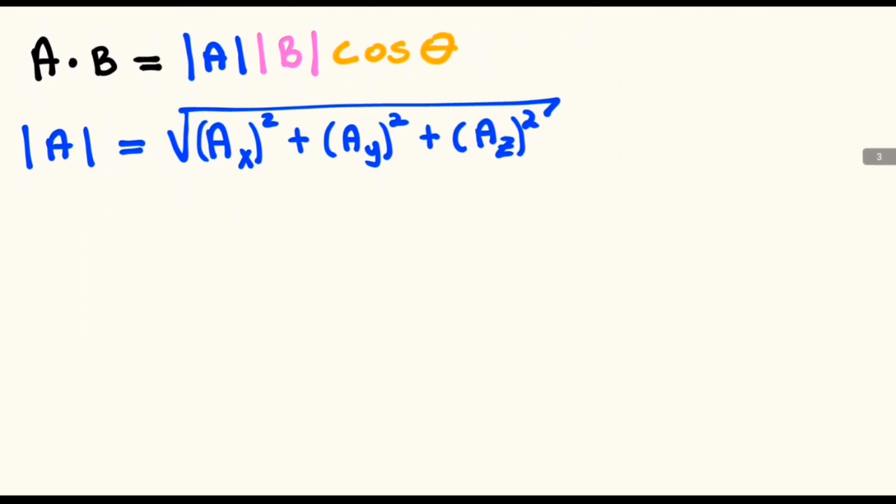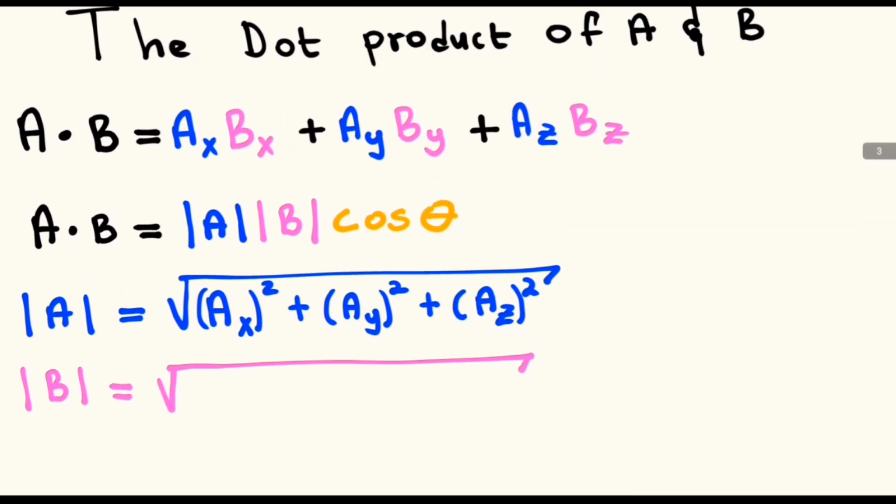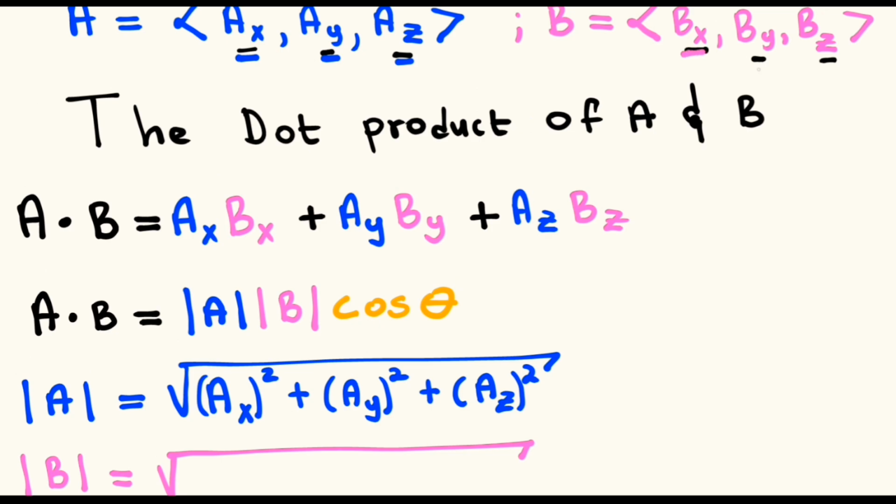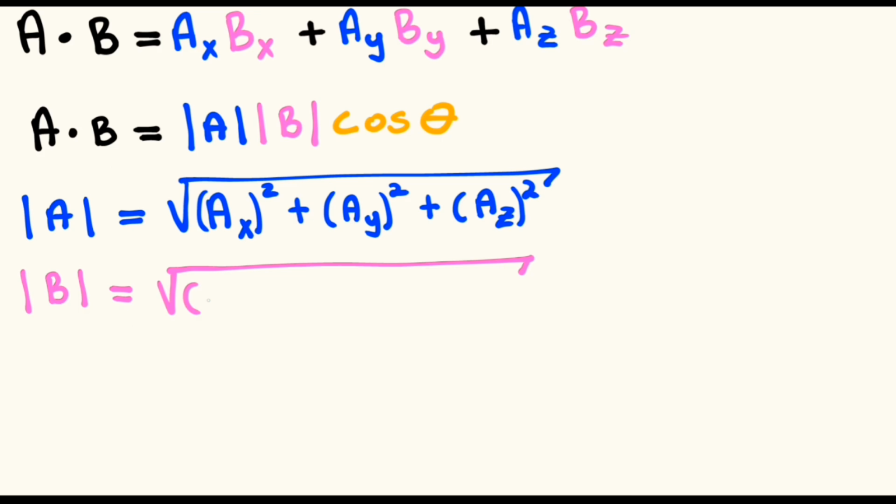And the magnitude or the length of B will be equal to the square root of the sum of the squares of the individual coordinates of B. That is B subscript x squared plus B subscript y squared plus B subscript z squared.